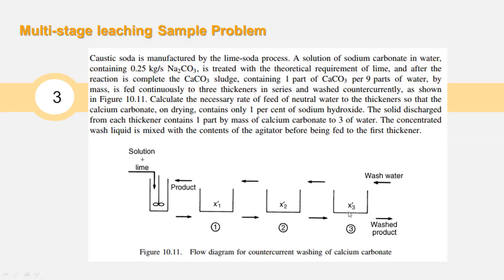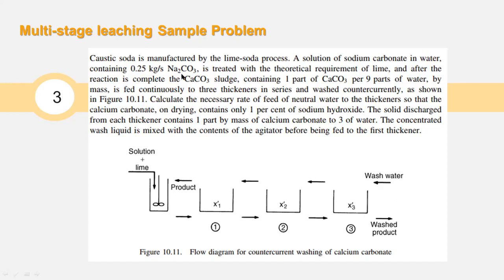Now, this is the problem that we worked out last time. The caustic soda is being manufactured by the lime-soda process, and this particular solution of sodium carbonate in water contains 0.25 kilograms per second of sodium carbonate, and it's being treated with the theoretical requirement of lime, in order to produce the caustic soda and the calcium carbonate.